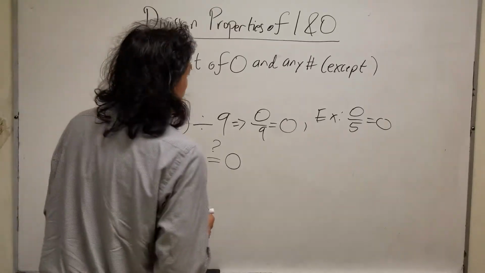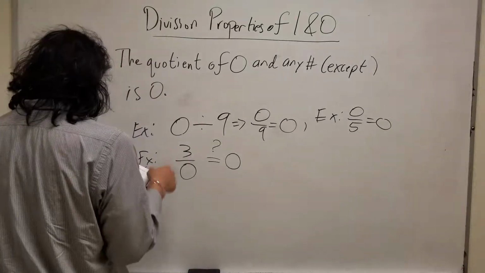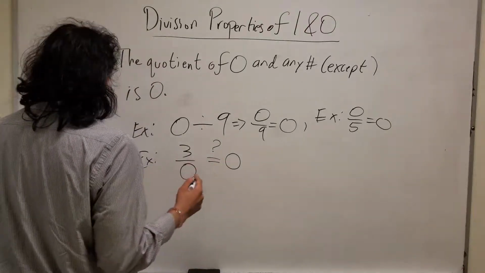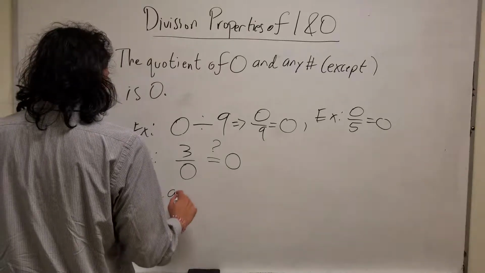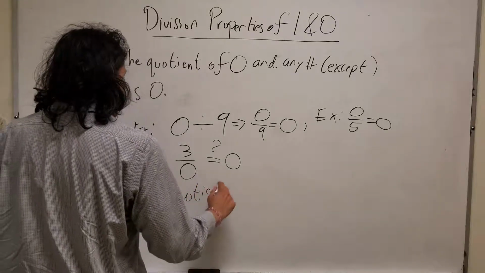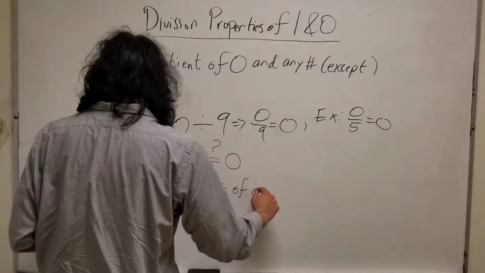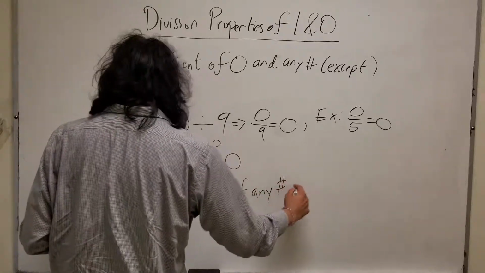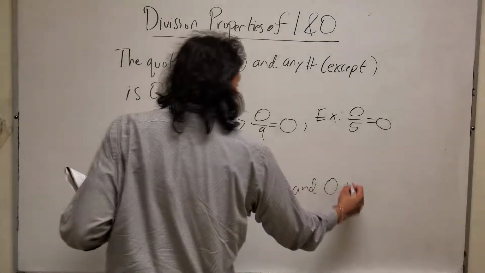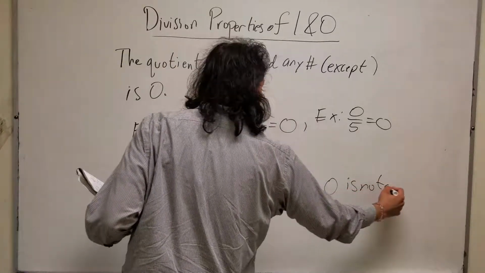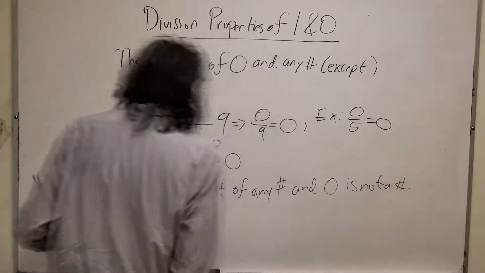So, how we like to word it, it's basically the quotient of any number and 0 is not a number.